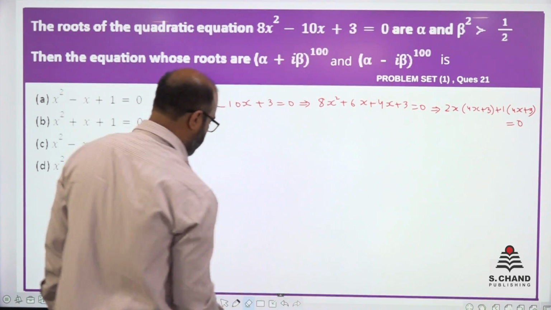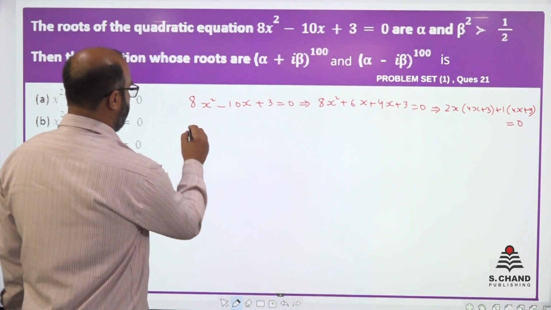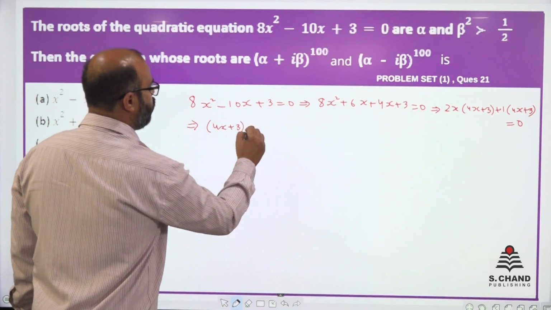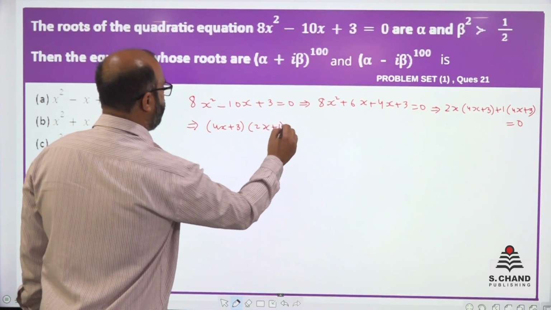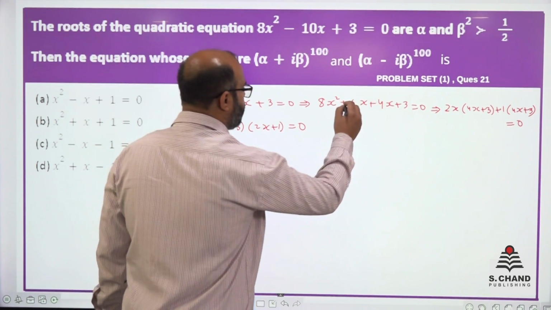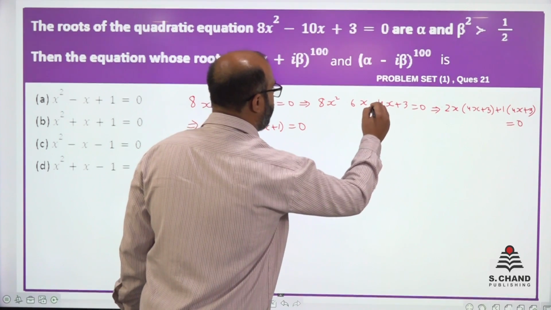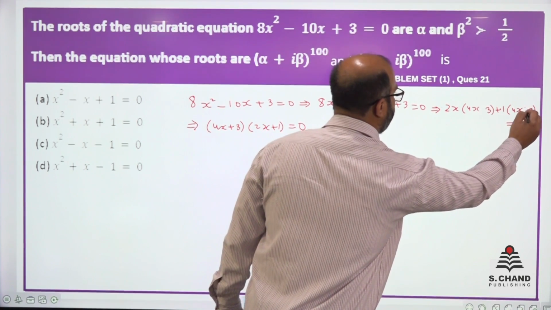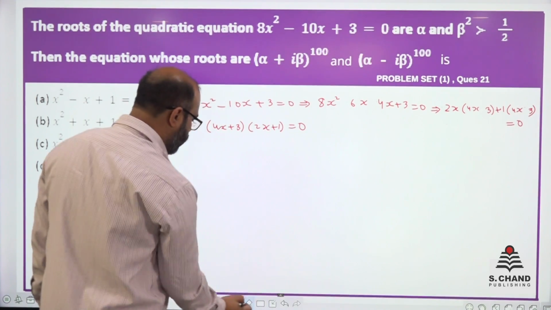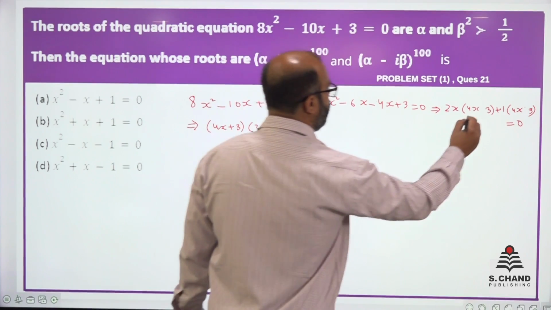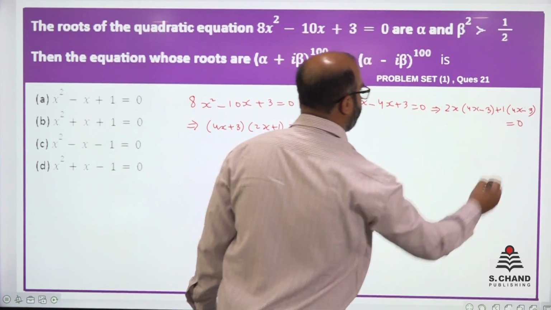When we do this, we get 4x plus 3 common into 2x plus 1 is equal to 0. Okay, there are minus signs there, not plus sign. So here also we have done the error. So we have to take care of any careless mistake. Otherwise, the question will be wrongly solved, though we know the method. So it is very important to cross check the sign.